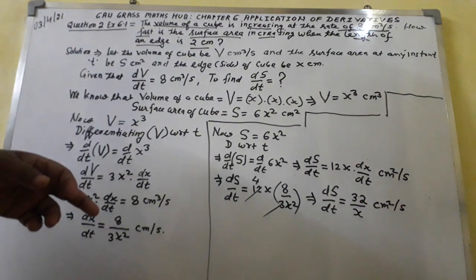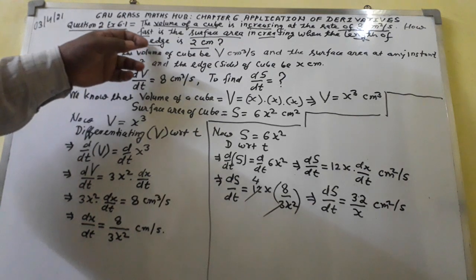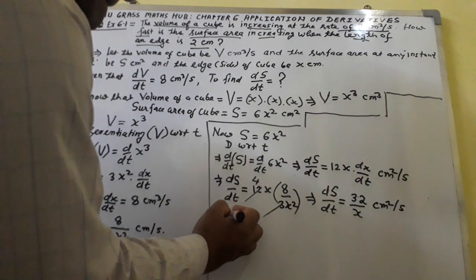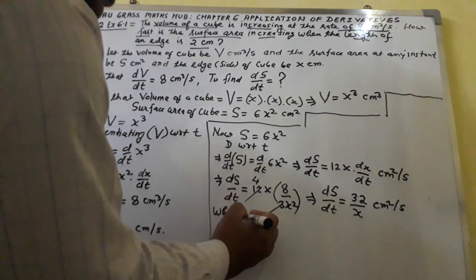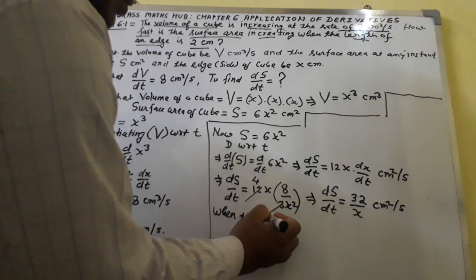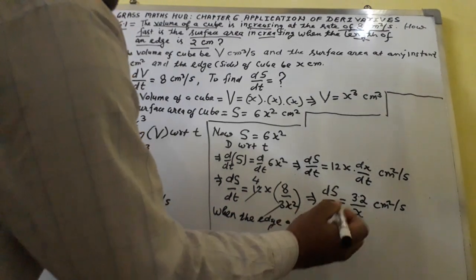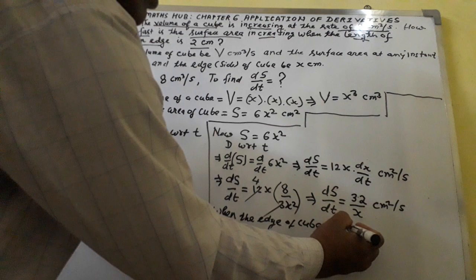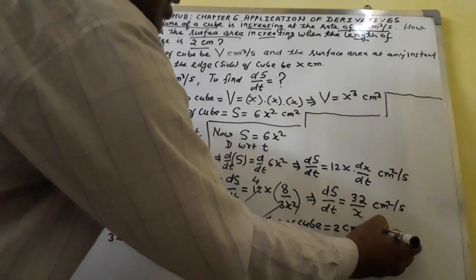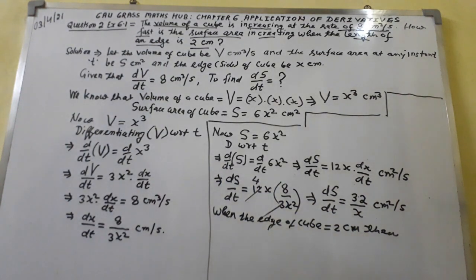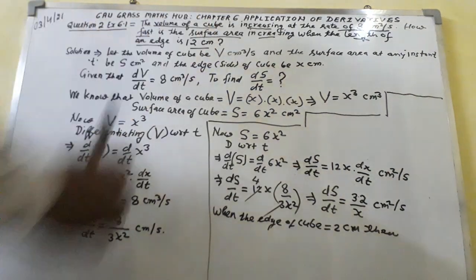Now it says the length of the edge is 12 centimeter. So here write, when the edge of cube is equal to 2 centimeter, then, this is not 2 centimeter, this is 12 centimeter.